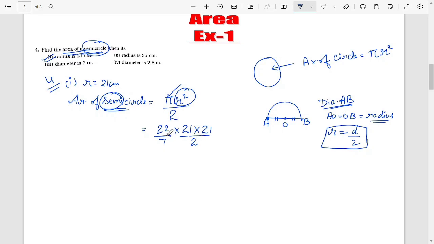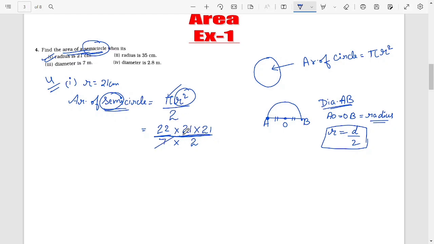We can use a single upon here. Now 7 and 2 we will separate with the help of a multiply sign. So pi we put as 22 upon 7. Radius is given in the question as 21. Square is coming, that's why we wrote 21 two times. Upon 2, divide by 2 we will write here as divide only.